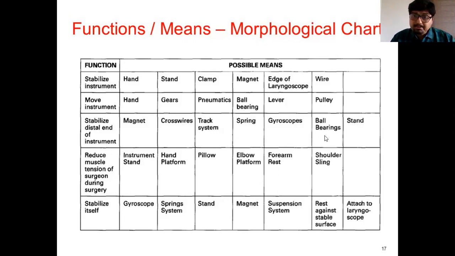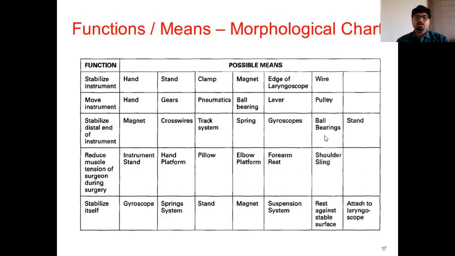The options which are available to do that particular functionality are being put across in rows, trying to find out which one will be more suitable for the problem being posed. Stabilizing: magnet, crosswise, track system, spring, gyroscopes, ball bearing, stand. For reducing muscle tension of surgeon during surgery: instrument stand is suitable, hand platform, pillow, elbow platform, forearm rest, and shoulder sling.